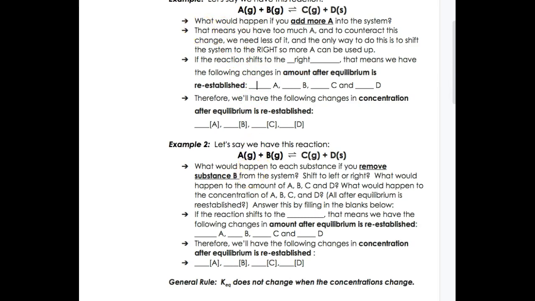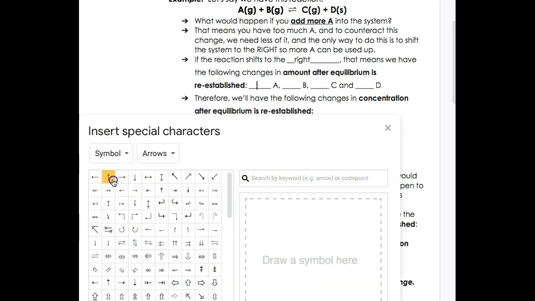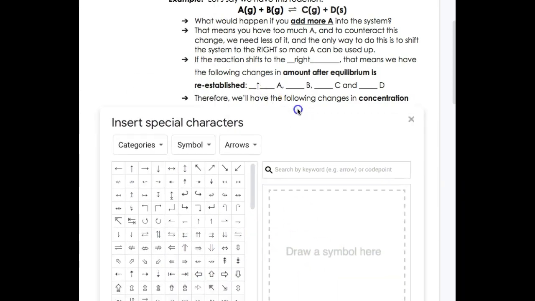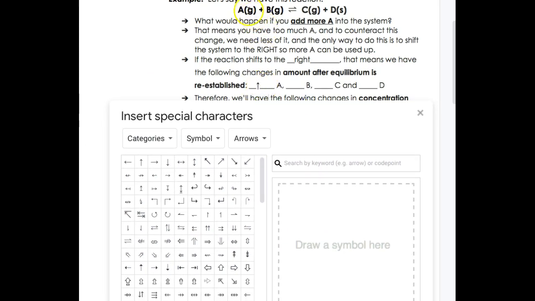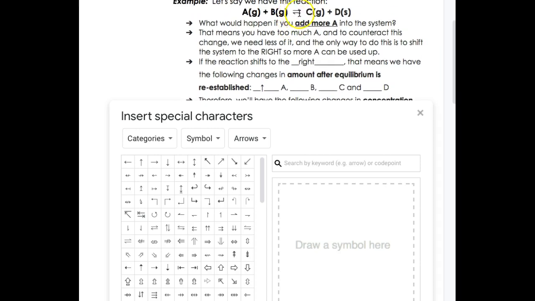We're going to have more A, because even though it's shifting to the right, we start off with more A because that's what we're putting in. And because it's shifting to the right, we're going to have less B. And again, it's shifting to the right, so we're going to end up with more C and more D.